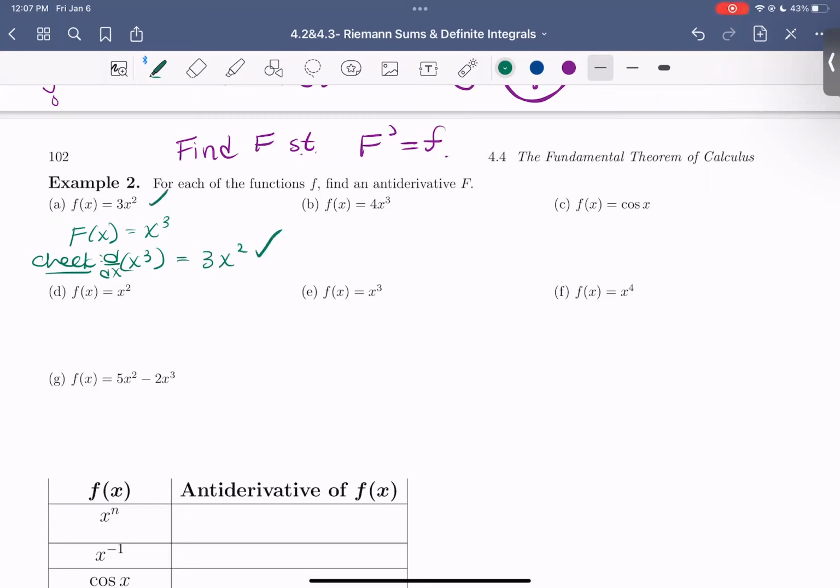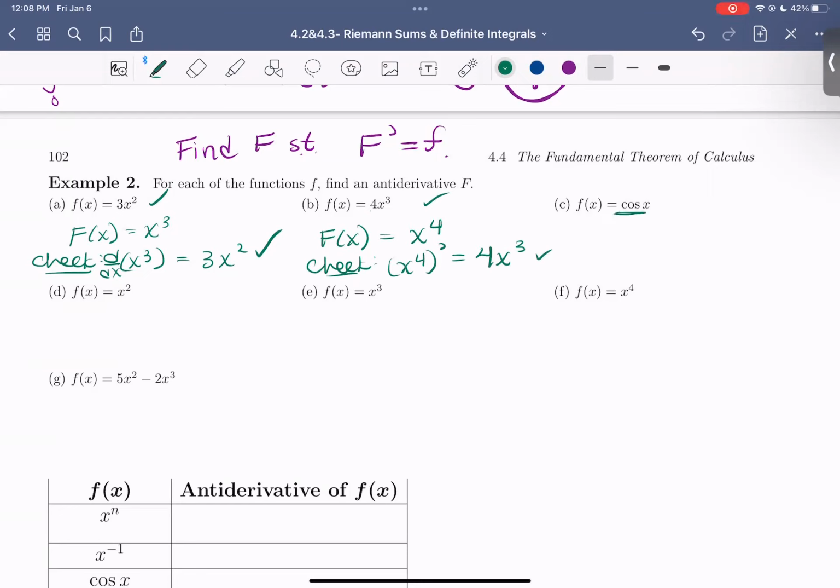So yep, that works. Similarly, we can see that an antiderivative of 4x cubed should be x to the 4th. But let's go ahead and check. Here, x to the 4th, let's take the derivative. 4 comes down, subtract 1 from that exponent. Yep, it works.